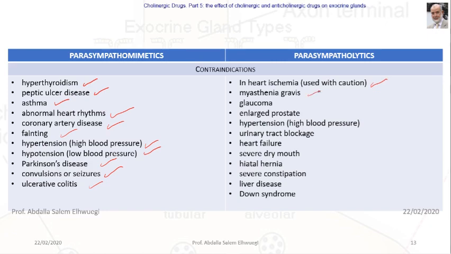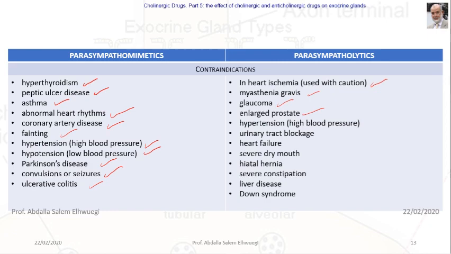They are contraindicated in myasthenia gravis, as we have said, because some of them have the ability to block the nicotinic receptor. They are contraindicated in glaucoma because they produce mydriasis, decreasing the flow of aqueous humor, increasing intraocular pressure. They are contraindicated in enlarged prostate or prostatic hypertrophy or hyperplasia because they will decrease the flow of urine.